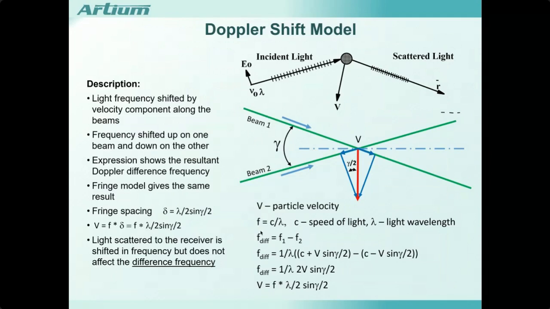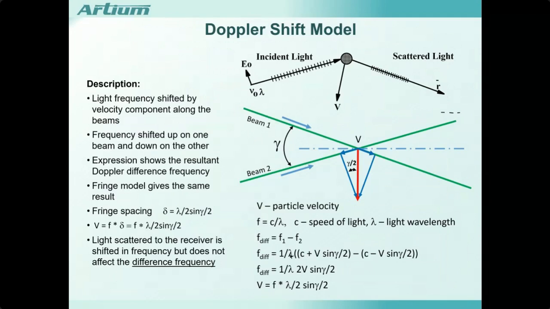From a basic understanding of light waves and frequencies, the frequency of light is just the light speed divided by the wavelength. And what we're looking for is the difference frequency. Realize that the light frequencies are extremely high, 10 to the 13 hertz, so there's no way to measure them.